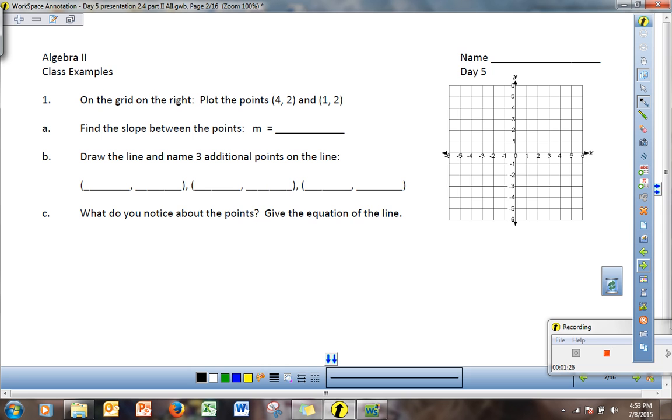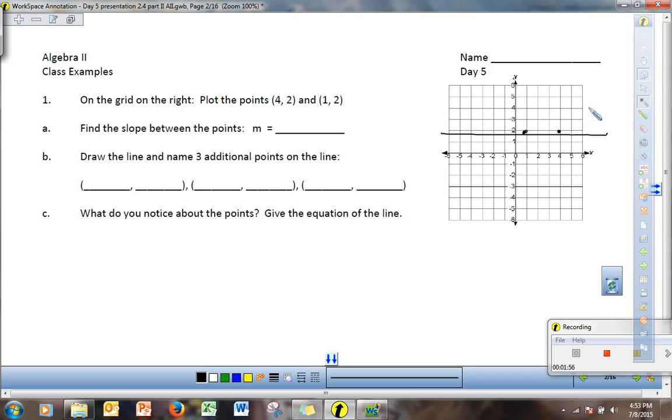On number 1 it says, on the grid at the right, plot the points (4, 2) and (1, 2). So let me go over 4 and up 2. Let me go over 1 and up 2. So I plotted those points. Now I'm going to find the slope of them, and while I'm here, guys, let's just draw that line.